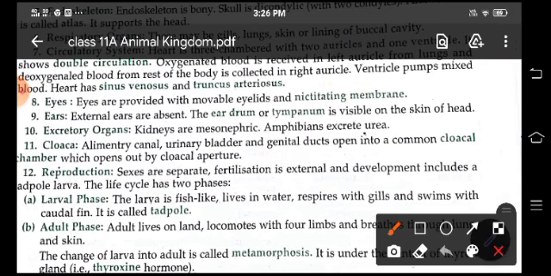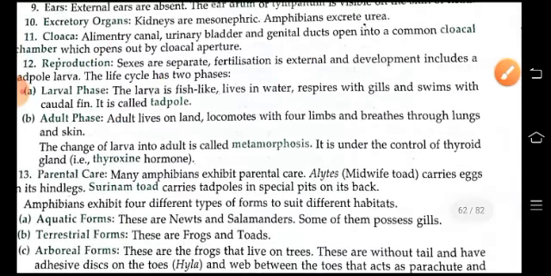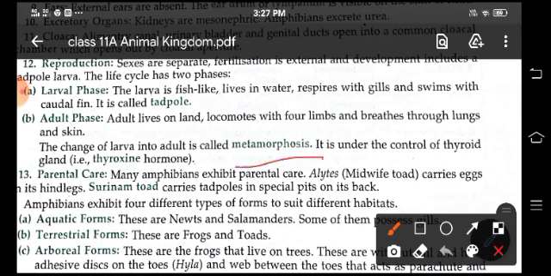In reproduction, the sexes are separate and fertilization is external, and development includes the tadpole larva. This life cycle has two phases, the larval phase and the adult phase. The change of the larva into adult is called metamorphosis and it is under the control of the thyroid gland, that means by the production of thyroxine hormone.